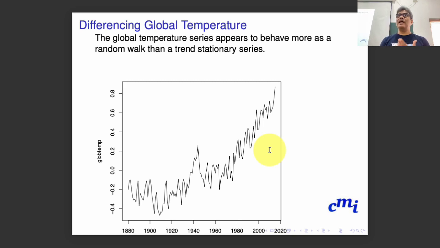And the question was, other than trend, is there anything else? If there is nothing else, then other than the trend part, everything else is white noise, which will behave like a random walk. What is a random walk? Cumulative sums.